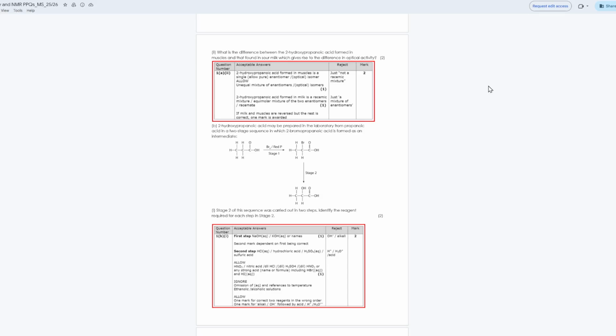2-hydroxypropanoic acid formed in muscles is a single enantiomer, and the other an unequal mixture. I did not mention that. So what was the question here? What is the difference between the acid formed in muscles and in salmon that gives rise to this? So I actually have to mention both. A racemic mixture of 2 enantiomers.